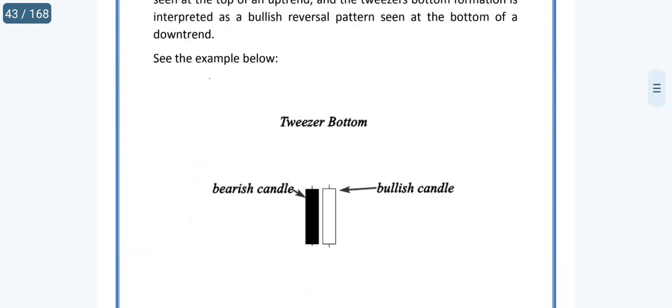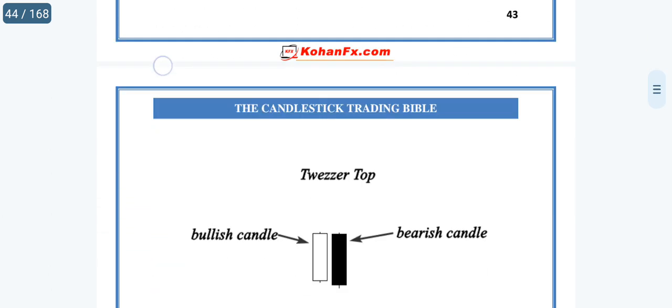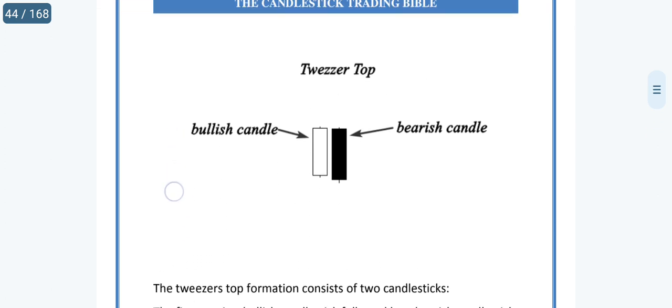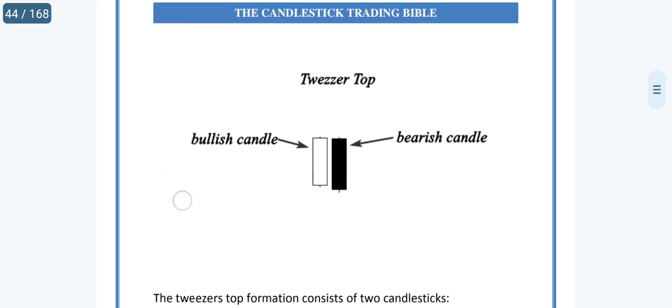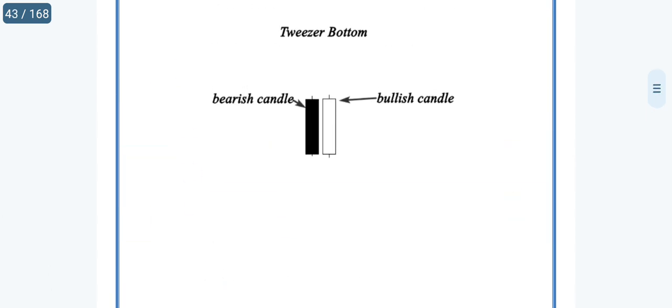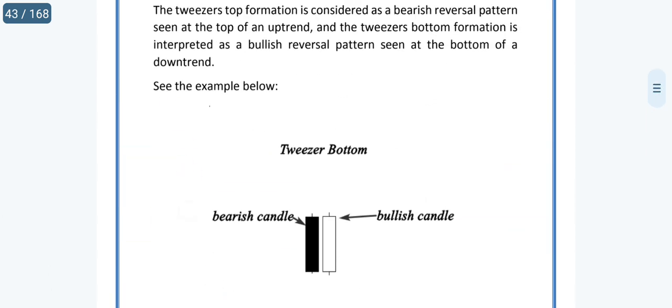This is what we call the tweezer bottom, the first one, and the second one is what we call a tweezer top. You can observe this. In the illustration here, we have the tweezer top, and in the first illustration, we have the tweezer bottom.